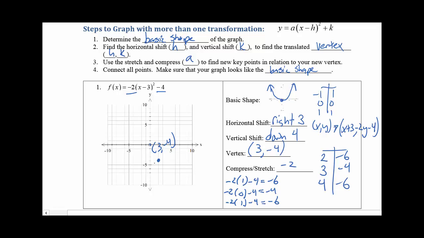So from here, I can estimate that it's going to go down to -6 from there, and then it should look like a general curve. Okay, so as long as I can tell, either graphically or labeled correctly, the ordered pairs, then it clearly will look like you know what you're doing as far as these transformations go.